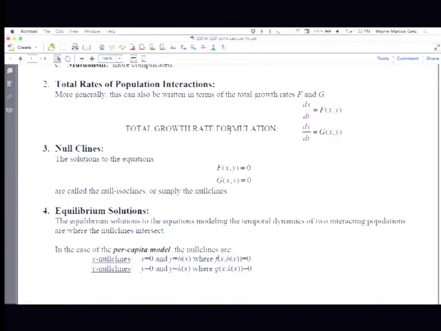Now this is a very simple example. In a more complicated example, I wouldn't necessarily get two straight lines, but I might get some curves. So what I'm saying is that f(x,y) equals 0 is a curve in xy space. So for example, if f(x,y) was equal to ax minus bxy minus cx squared, then f(x,y) equals 0 would be x equals 0, or a minus by minus cx equals 0.